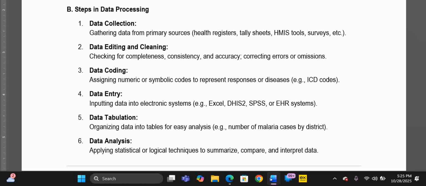And when you're done with that collection, you go to step two, where you do data editing and cleaning. Data editing and cleaning is a process of checking for completeness, consistency, and accuracy, correcting errors or what we are calling omissions.